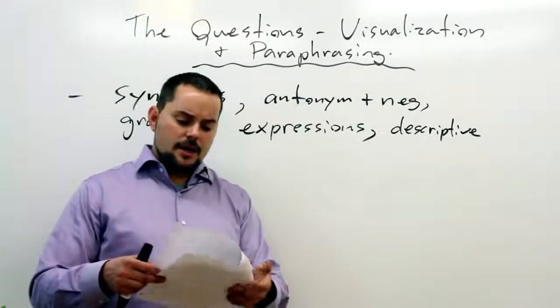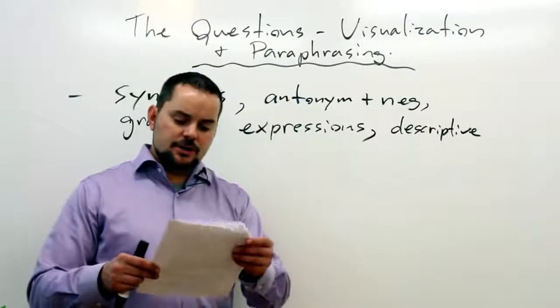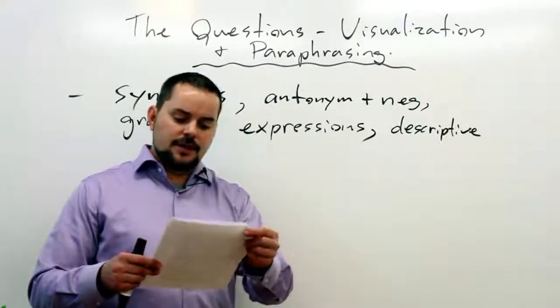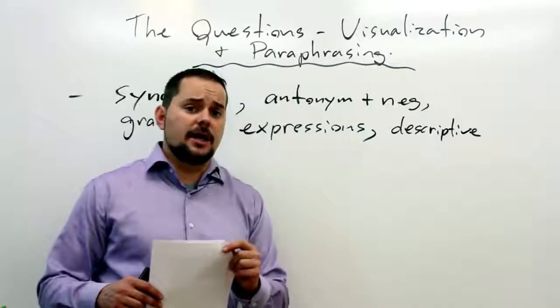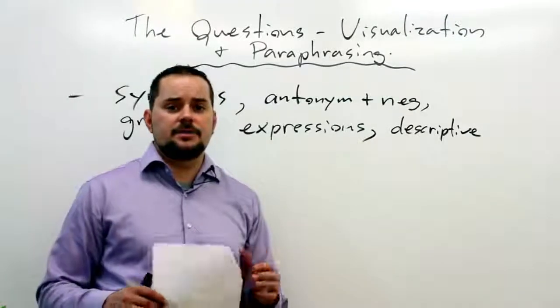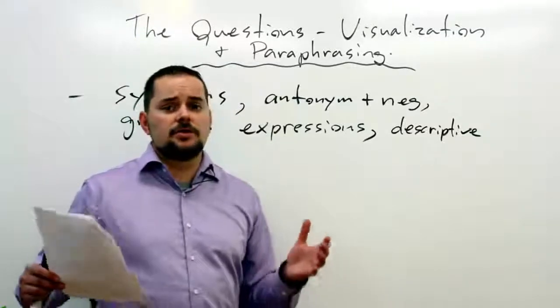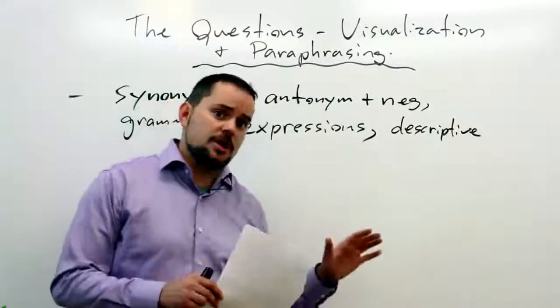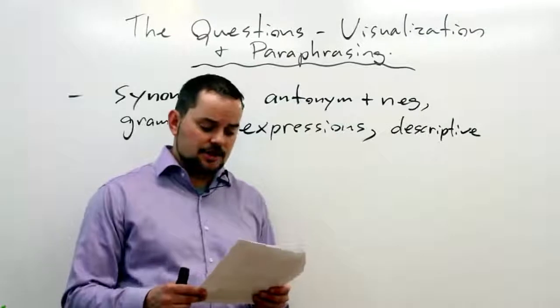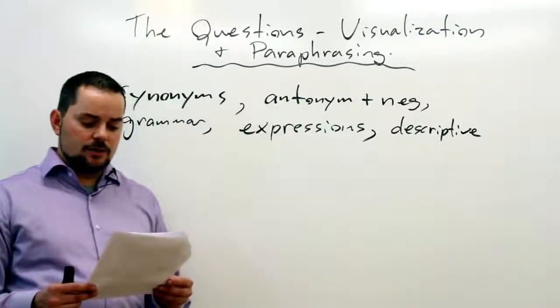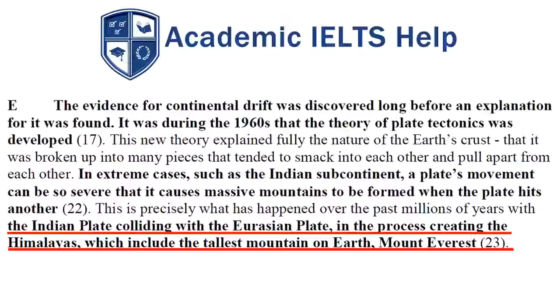And then for question 22, you're likely not going to find this paraphrasing because the answer is not given. So again, this is where you just need to rely more on your logic and more on your visualization. And then question 24, again, we can see some paraphrasing. So the answer is coming from paragraph E at the end.